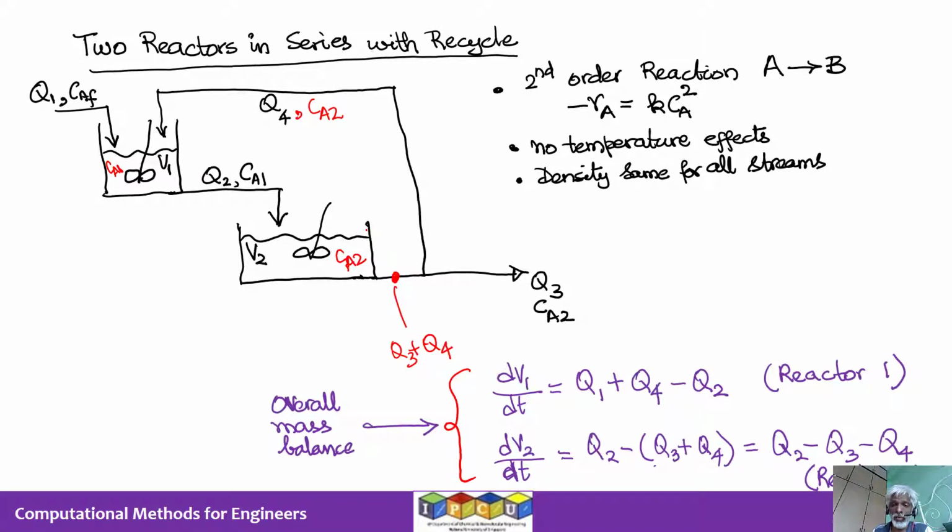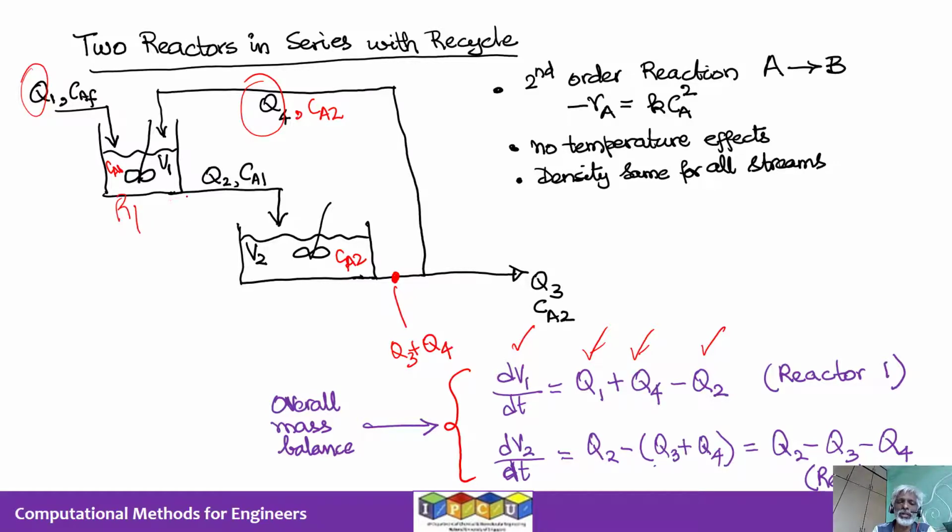Now, we can say since the volume of reactor 1 is allowed to be dynamic, that means V1 is not constant, the rate of change of volume in reactor 1, which is indicated by dV1 by dt, should be equal to the net volumetric flow rate in minus the net volumetric flow rate out. So the net volumetric flow rate in is going to be Q1 plus Q4. Out of reactor 1, this is reactor 1, right?